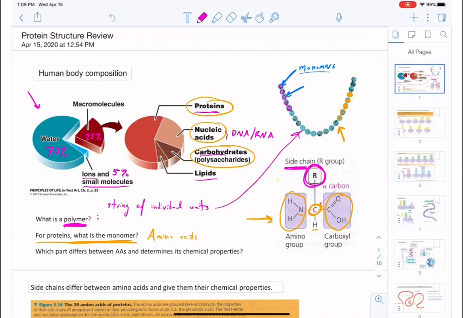And there's 20 different amino acids that make up the proteins in the body, and it's going to be the side chain that differs between those 20 amino acids. So the side chain is what's going to differ between the amino acids, and it's going to determine the individual chemical properties of those amino acids.